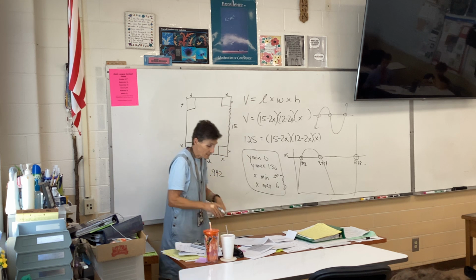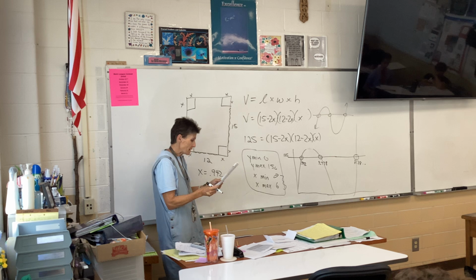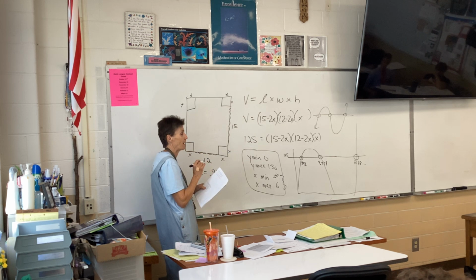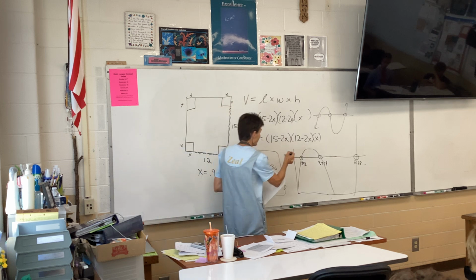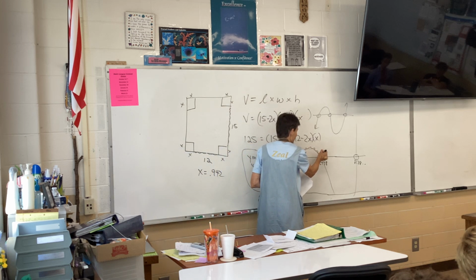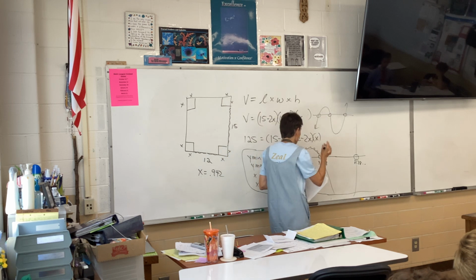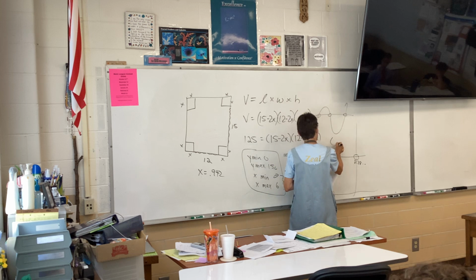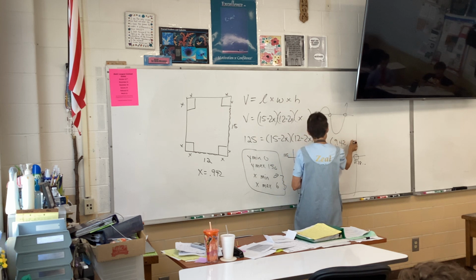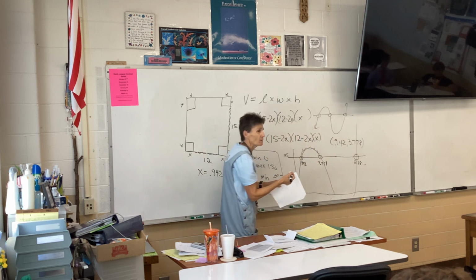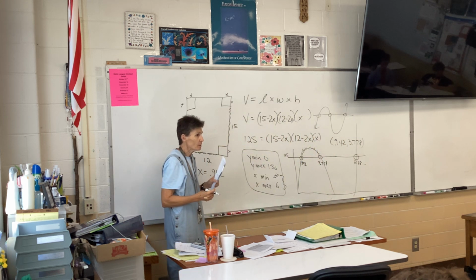Okay, next part of the question says, what size corner should be cut to yield a box with a volume more than 125? Well, more than 125 would be all of this. So that would be 0.942 to 3.778 with parentheses, because more than does not include.